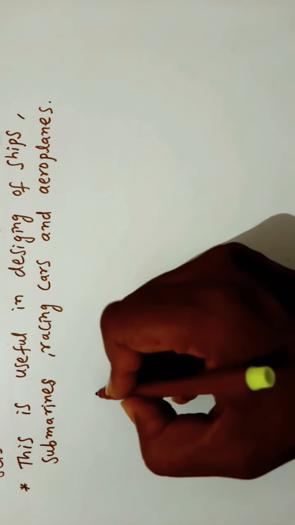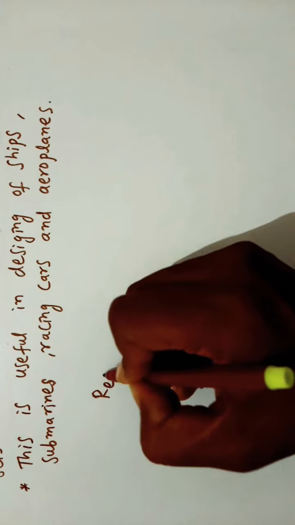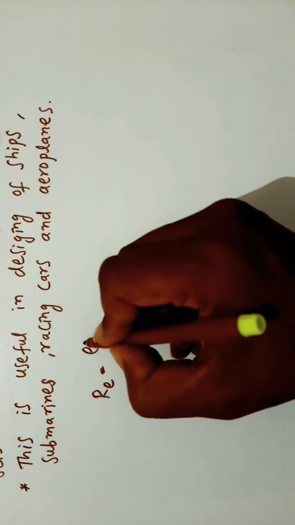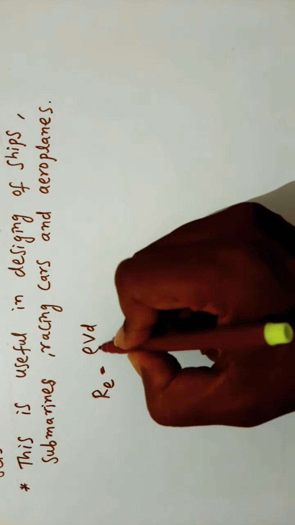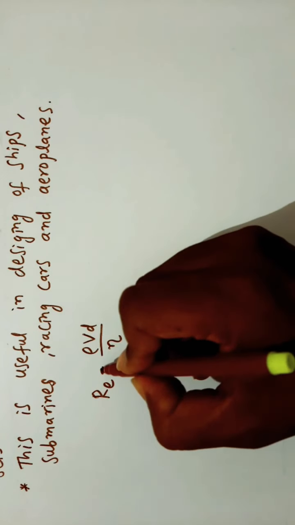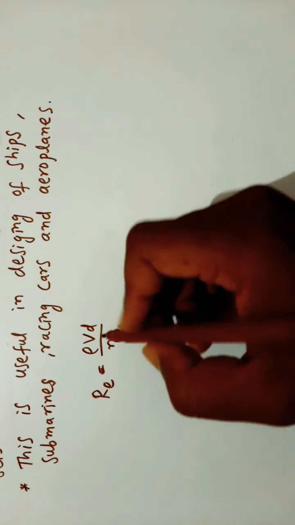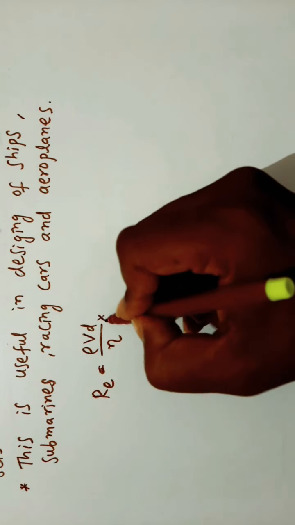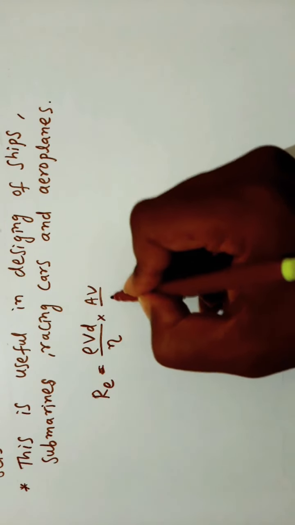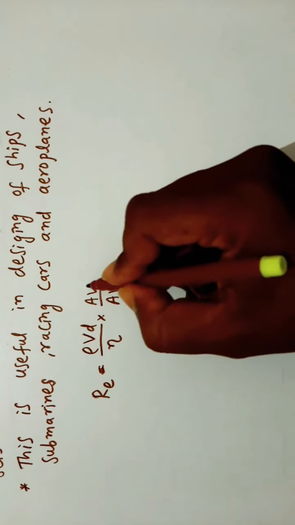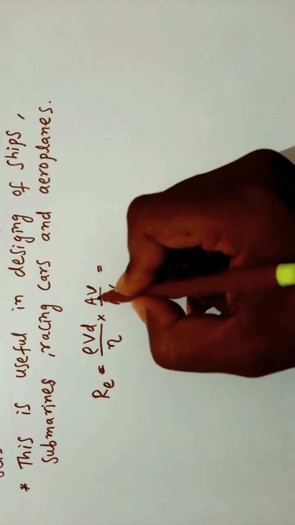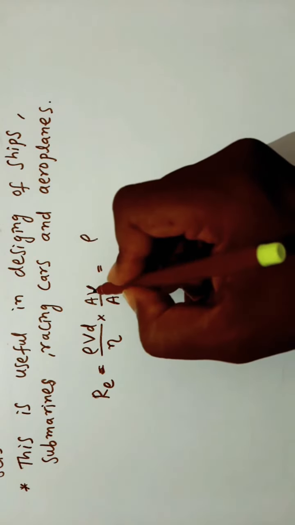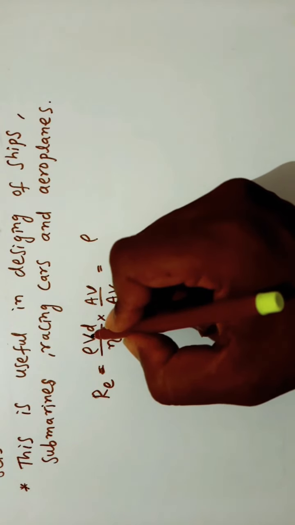We know Reynolds number Re is equal to rho V D by eta. So here I am multiplying and dividing by A V. So here I am writing rho V into V, square.